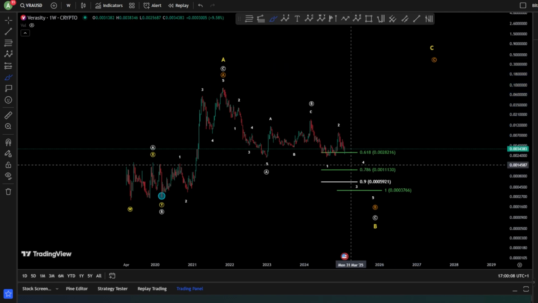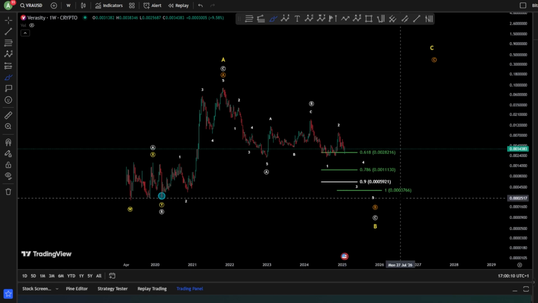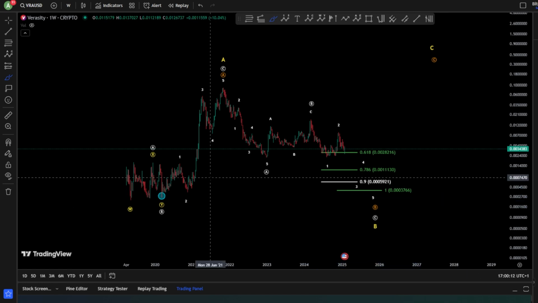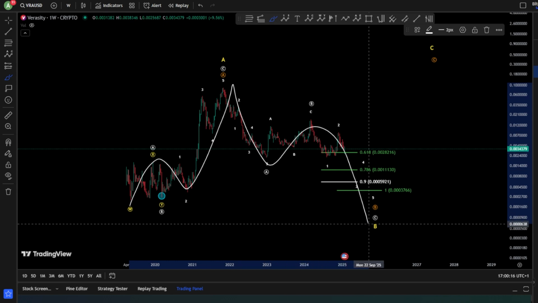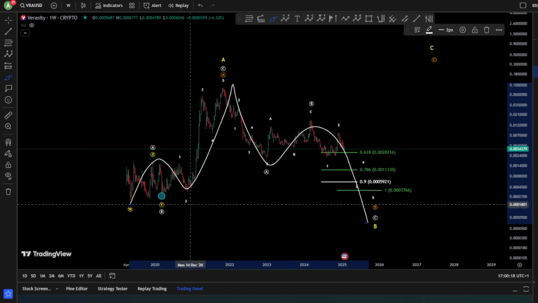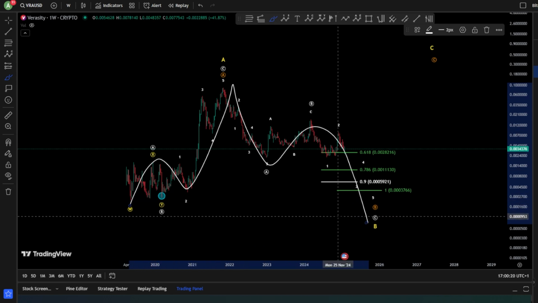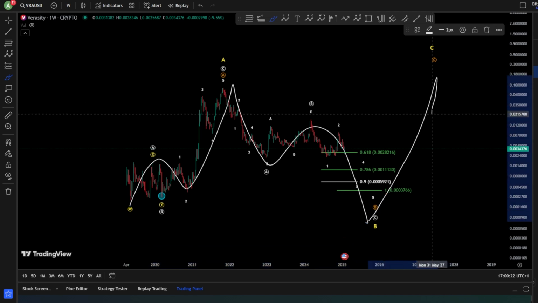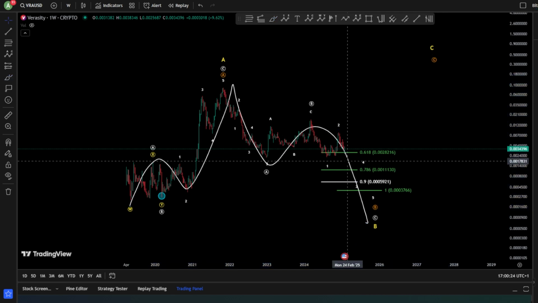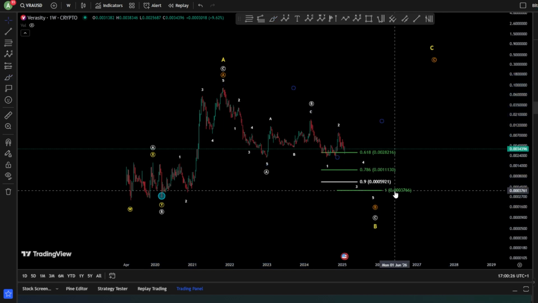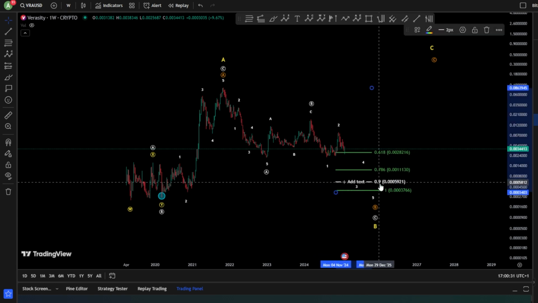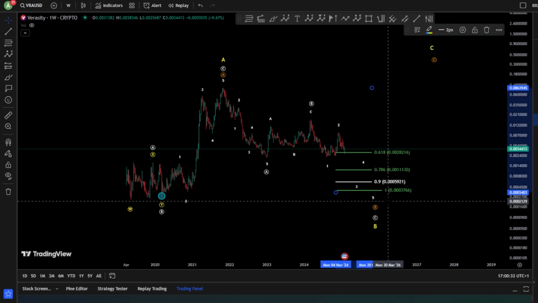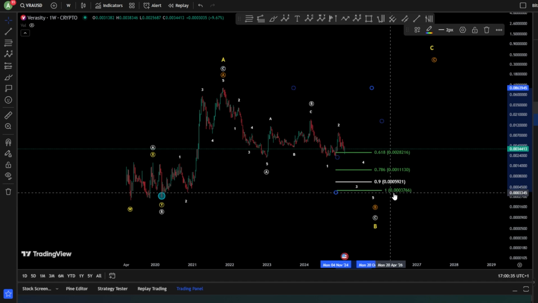Your expanding flat would turn, of course, lower than the 1-to-1 fib level, meaning this can turn into a wave B lower than this, lower prices than this, in an expanding flat, and then moving for a wave C toward the upside. So it's also possible. Watch out between, of course, those 2 fib levels here, the 0.9 and the 1-to-1. If you exceed it, yeah, be careful from it.